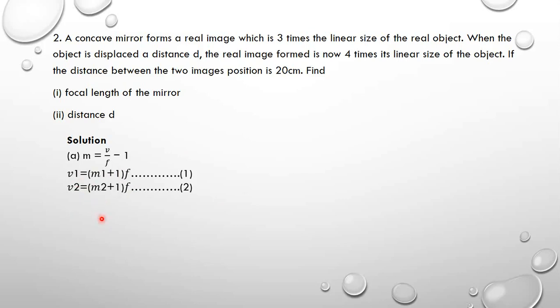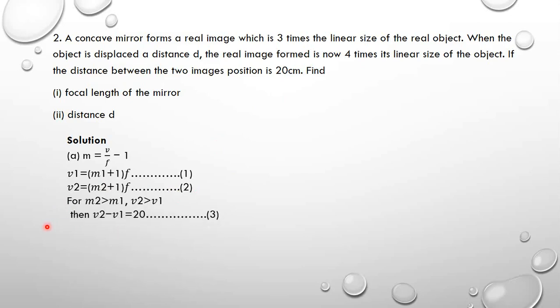And then after getting those two equations, remember they've told us that the difference is 20. Now, since the magnification is increasing, it means that v2 is going to be greater. Since m2 is greater than m1, also v2 is going to be greater than v1, since we know that m is proportional to v, since we know m is equal to v over u.